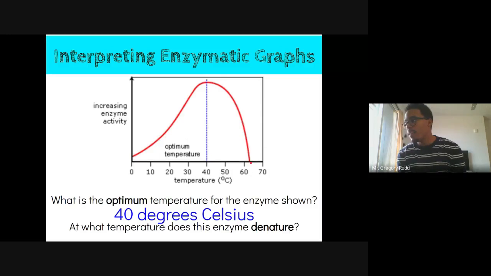I think we could be even better. We could say 62 or 63. But yes, when this curve is hitting 0, meaning when it hits the x-axis, I guess is how I should say it. When it hits 0 on the y-axis, meaning when it collides with the x-axis, that's when it is denatured. So anything above a temperature of about 62 degrees Celsius, the enzyme is not going to work. It's going to be denatured.